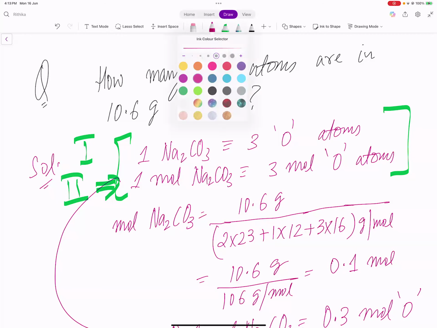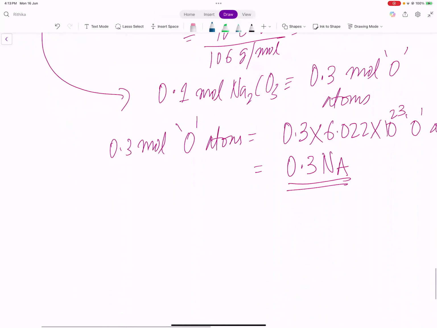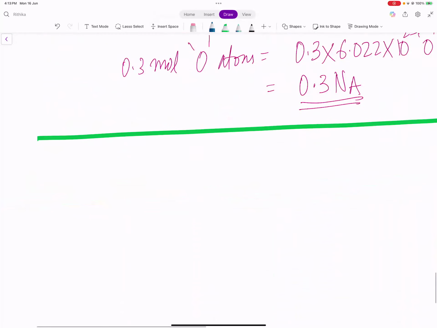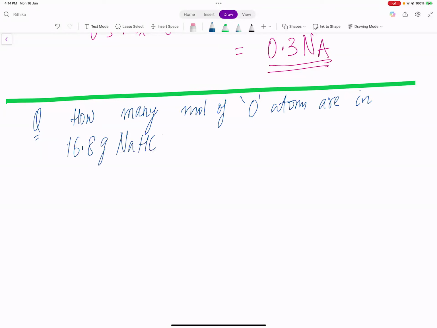Now we'll go to another question. So now the next question is, how many mole of O atoms are in 16.8 gram NaHCO3?